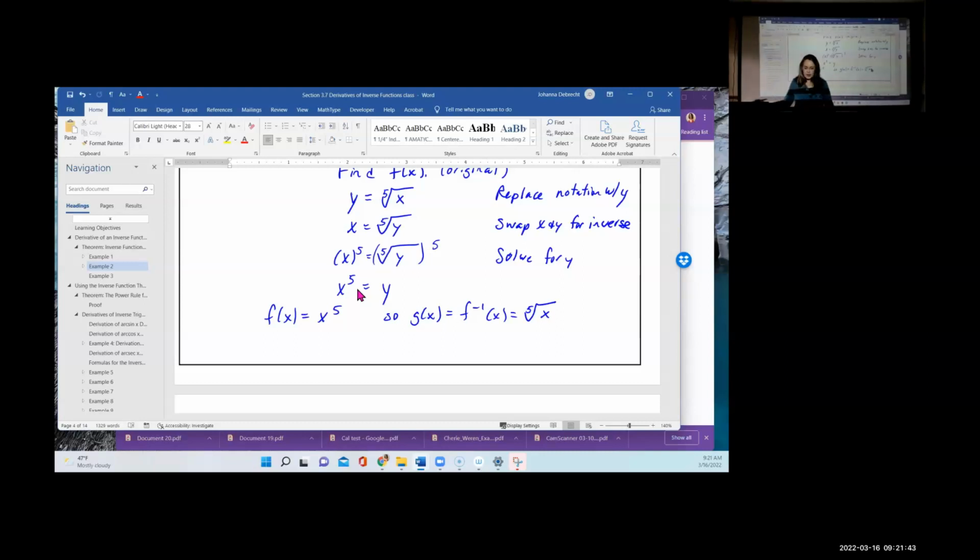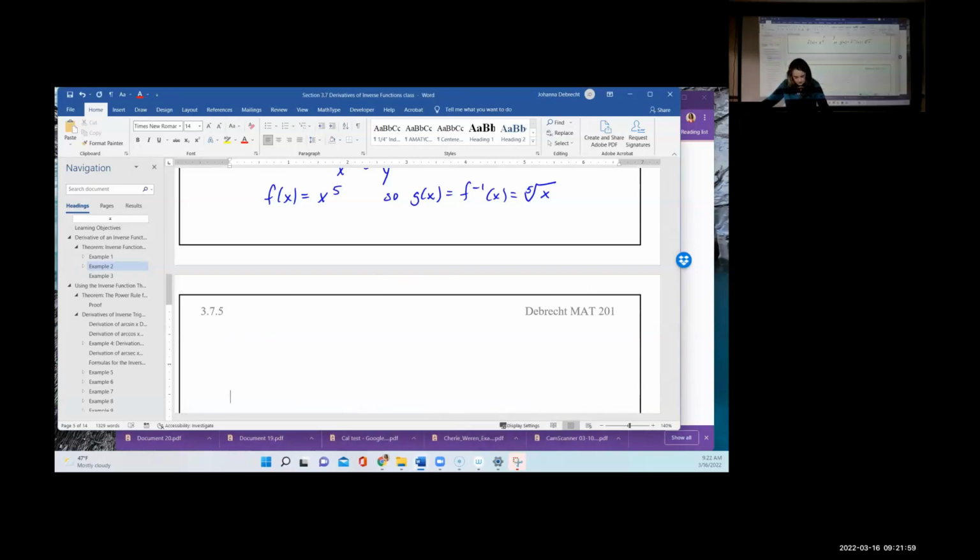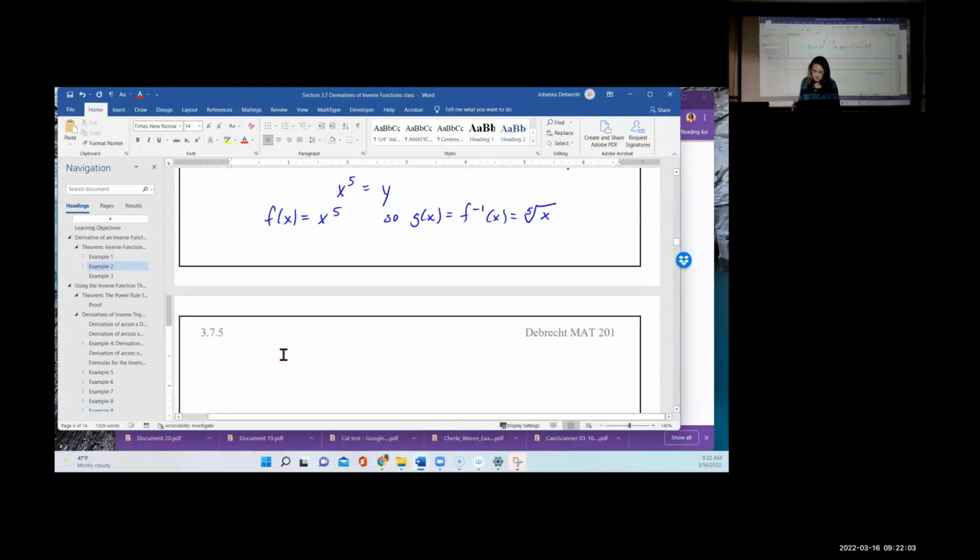Now to apply the formula, our formula for g prime of x, which is the derivative of f inverse of x, is equal to 1 over f prime of f inverse of x, which is 1 over f prime of g of x.